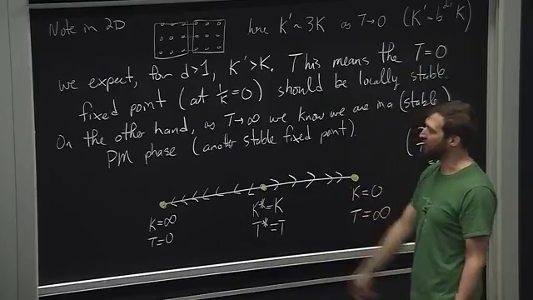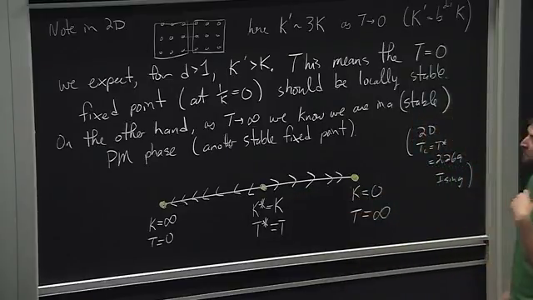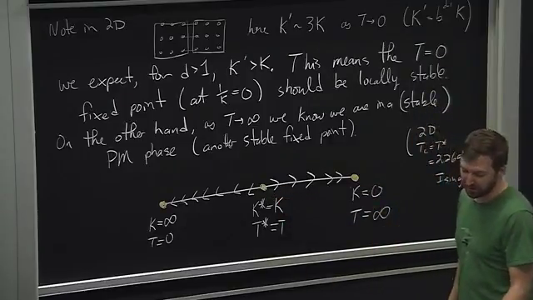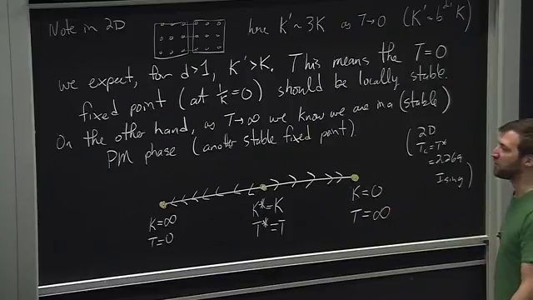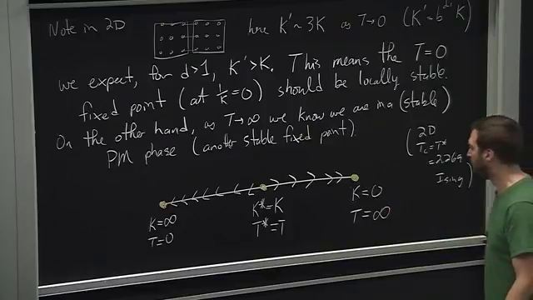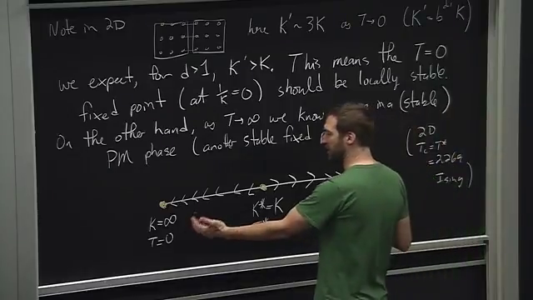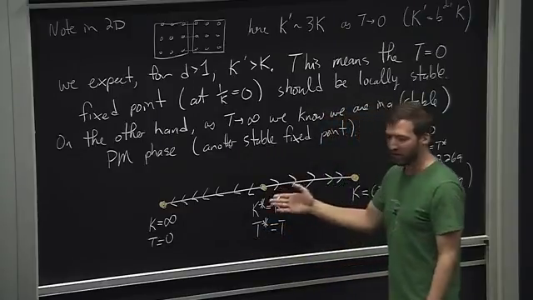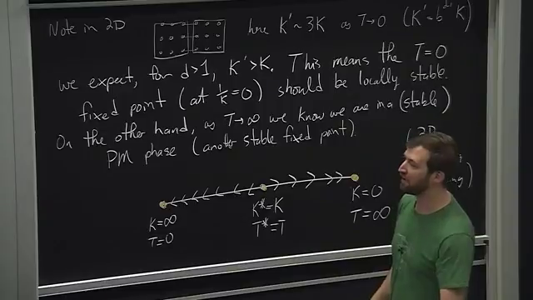So the phase transition in the 2D Ising model, in the 3D Ising model, and the 4D Ising model correspond to some unstable fixed point. And we're going to study this a lot more in the class. That's called the Wilson-Fisher fixed point. So these two, it turns out, will be described by Gaussian theories. We can do the integrals exactly in momentum space. But this one, we need some sort of approximation.